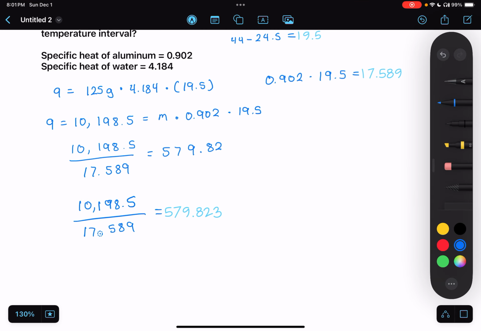Yeah. Okay, that was weird. Okay, never mind. We are in agreement. We're good. 579 grams. There we go. That was kind of weird. Sorry about that. Okay, that's it.